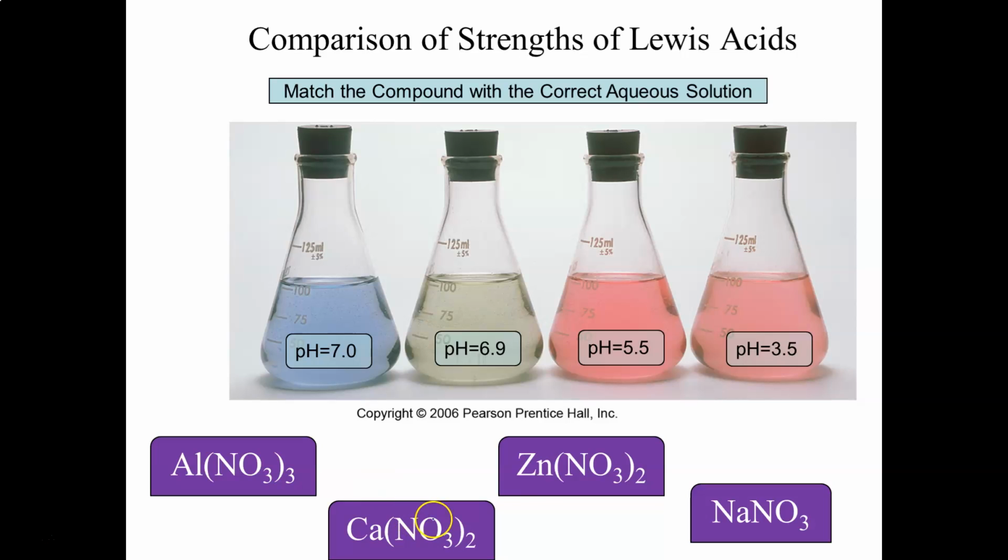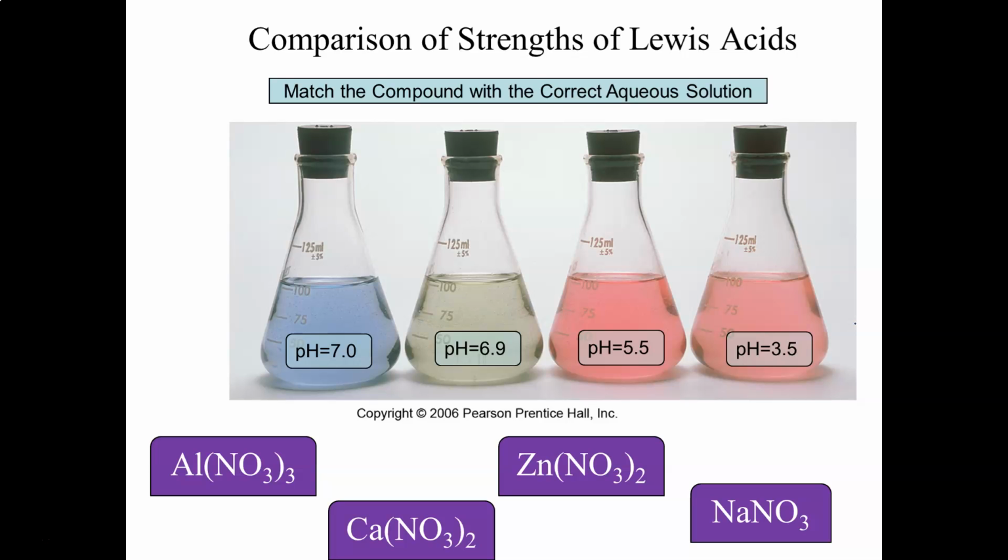So which one of these 4 salts would be a completely neutral solution? That's what you want to figure out. And then which one would be basically neutral but has a chance to be slightly acidic, and even more acidic for the pH of 6.9, 5.5, and 3.5. So take a second, go through and try it, and then we'll wrap it up.